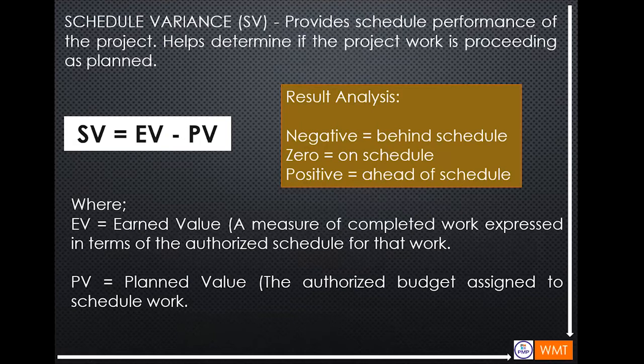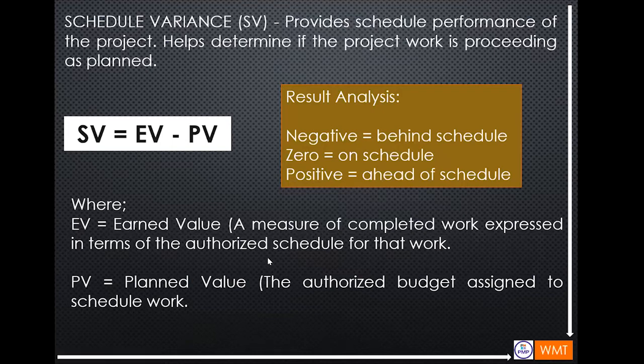So for monitoring, you have to know this formula, the schedule variance, or SV. It provides the schedule performance of the project and helps determine if the project work is proceeding as planned. Schedule variance is equal to the earned value minus the planned value.